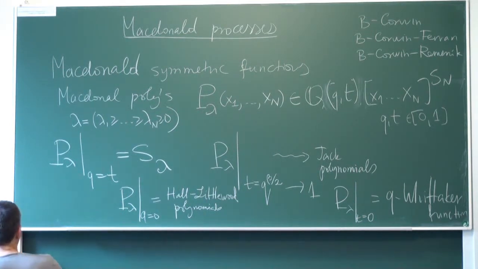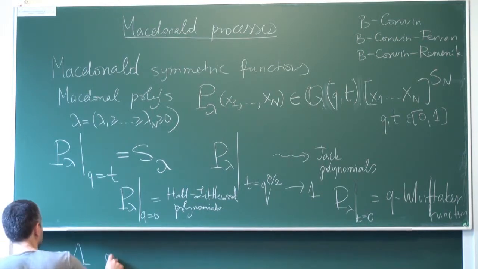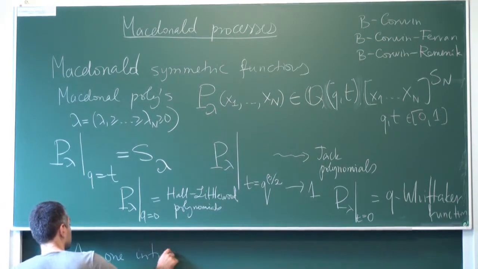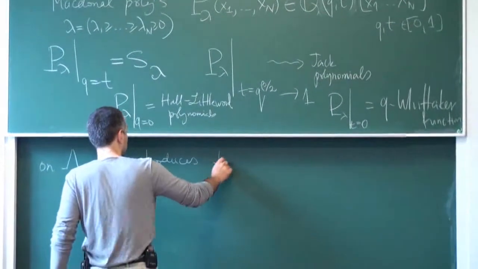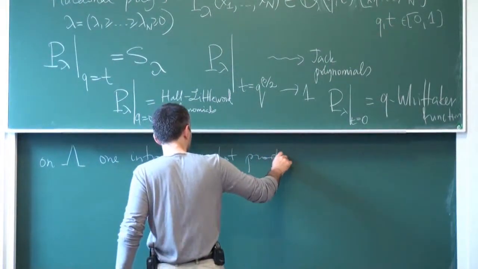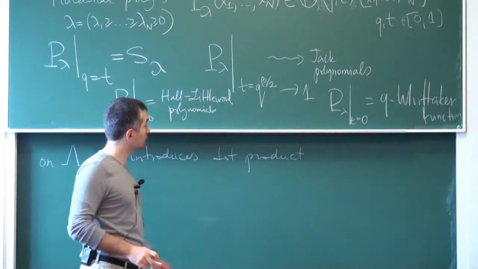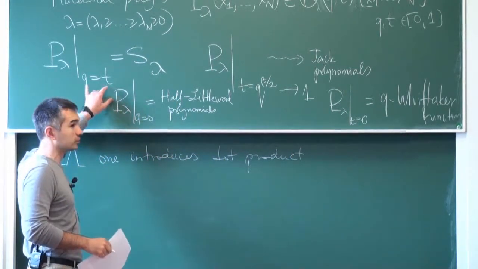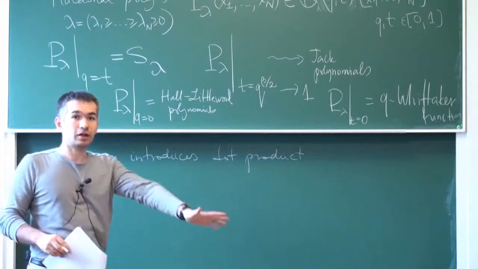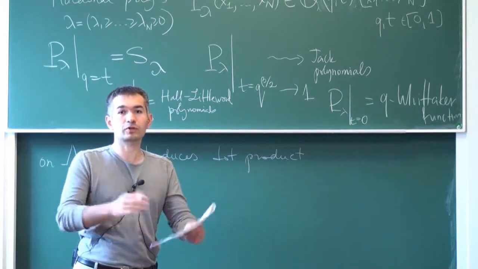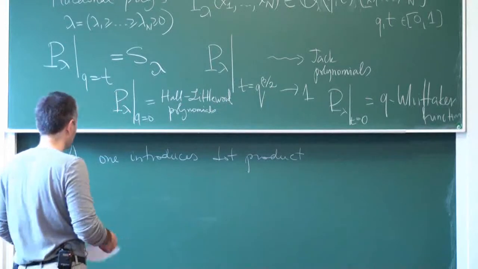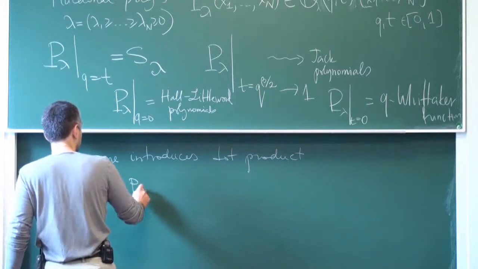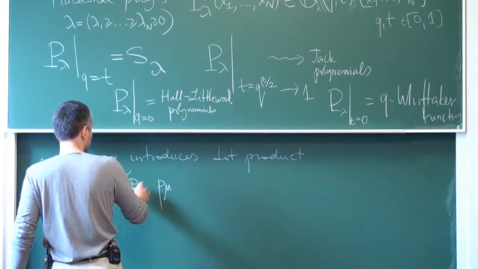So first, on the algebra of symmetric functions, one introduces a dot product. Again, you should always think about the simpler case. When q is equal to t, then whatever I say can be interpreted in terms of Schur functions, with which I hope by now you are familiar. So the dot product is defined on the basis of little p's.